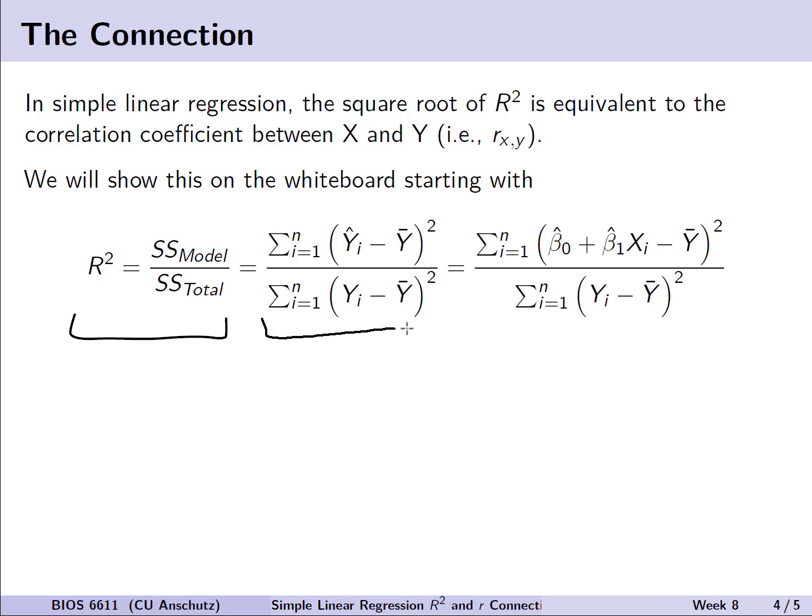This is written out in our notation in the context of regression in our numerator as the sum from i equals 1 to n of the predicted value y hat i minus the mean of y, squared, divided by, in our denominator, the sums of squares total, the sum from i equals 1 to n of y i minus the mean, squared. What we can do there is take our y hat i and plug that into our equation to work with a little more on the whiteboard. So let's take a second to pause and switch over to our whiteboard.